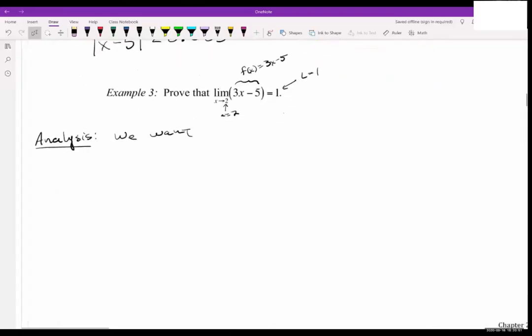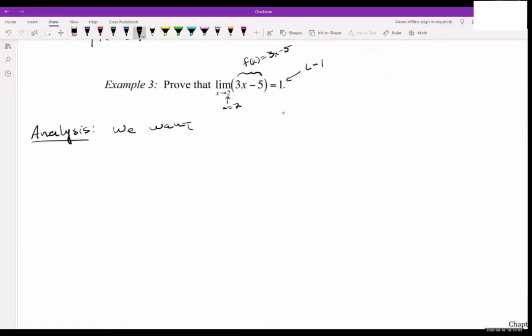In other words, we want |f(x) - L| less than epsilon, plugging in what we have there: f(x) is 3x - 5, minus the limit, which is 1, and we want that less than epsilon. Okay, I took that from the problem itself.